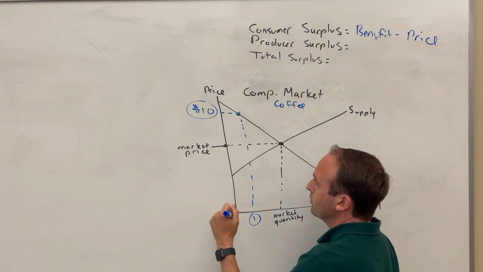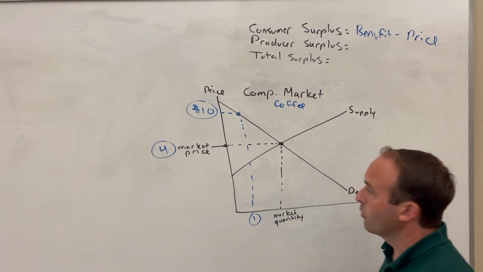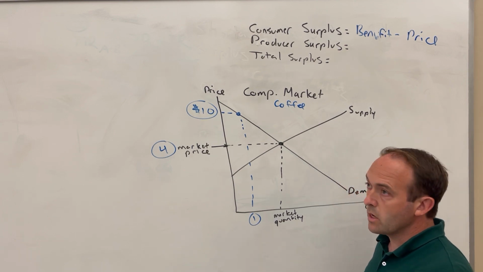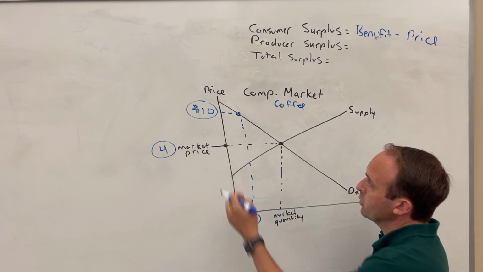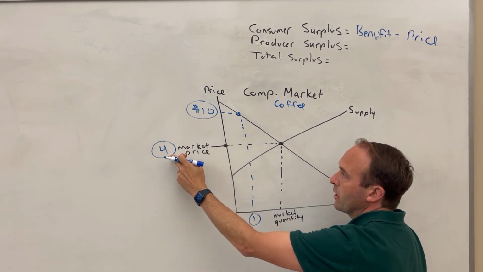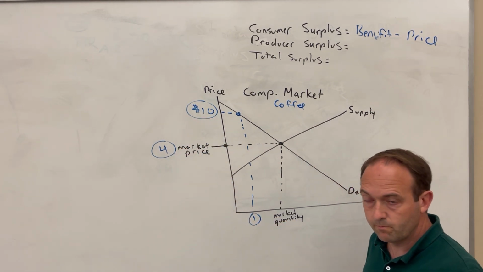Maybe the market price for a cup of coffee is $4. For that one cup of coffee, the consumer surplus that one consumer would get is the difference between how much they value it and the price they paid. So 10 minus 4, which gives us 6.